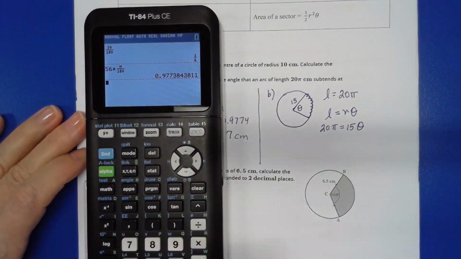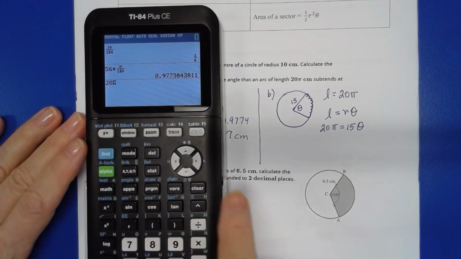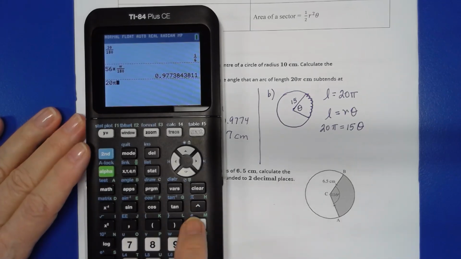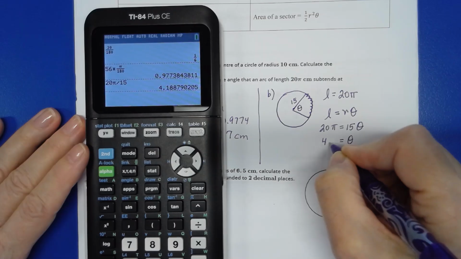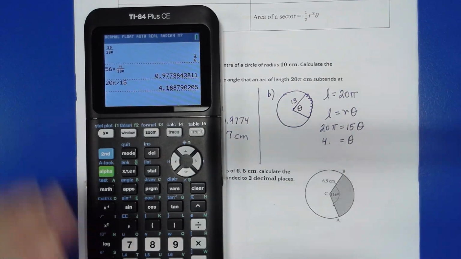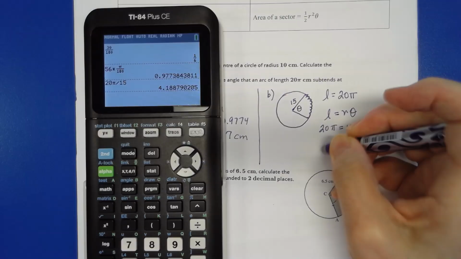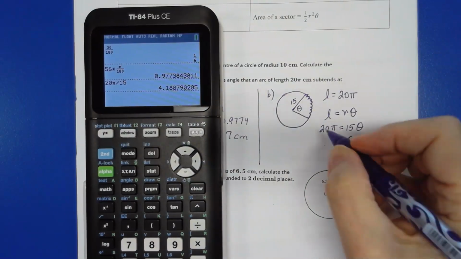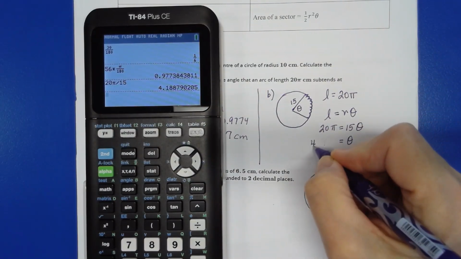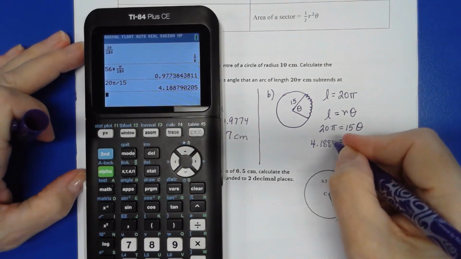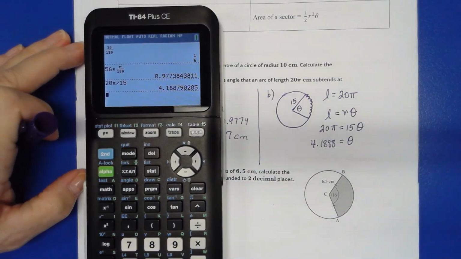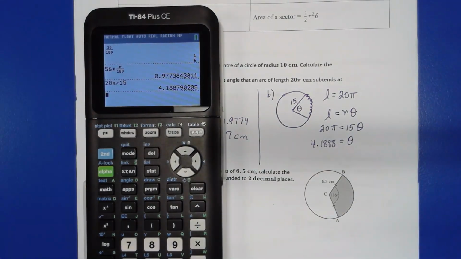So 20 pi divided by 15. Now, when I use these formulas, I want to say it really loudly so you listen to me. When I'm using this formula, I'm in radians. So I can't just slap a degree sign on there. That's not how it works.